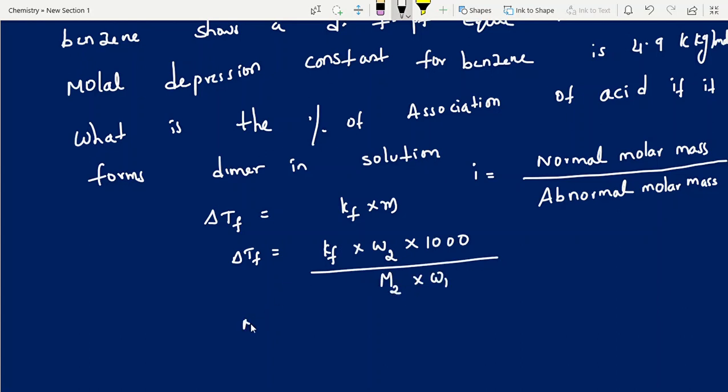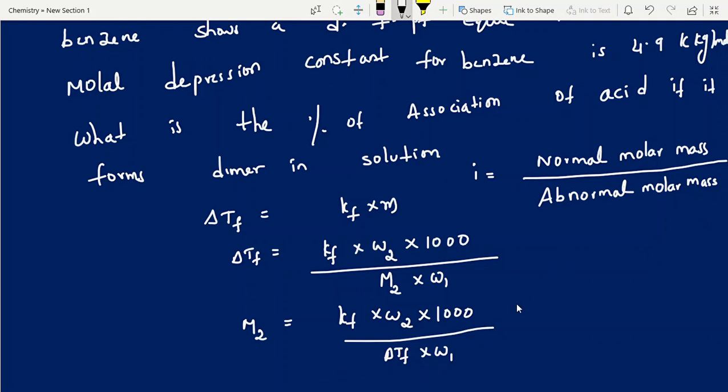How to calculate M2? Please note down the given information.